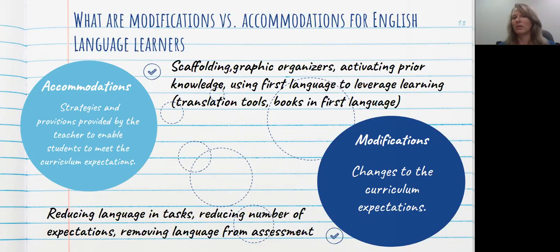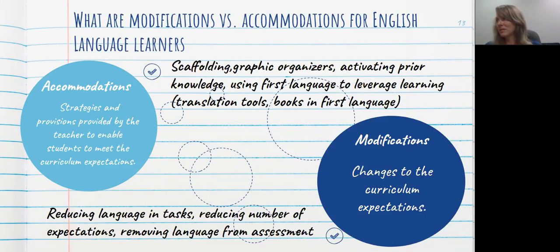So maybe they're looking at labeling, or maybe they're looking at closed passages, or those kinds of things. Exactly. Instead, for accommodations, we can scaffold activities for them, or we can help them with graphic organizers, right? All of those things can help them work on the same task as everybody else, just with a little bit more support. Whereas if we're actually changing things, we're looking at reducing language.